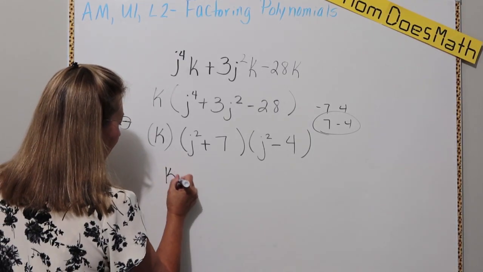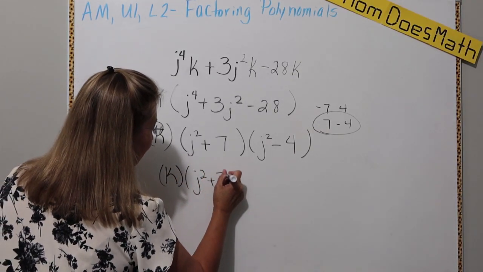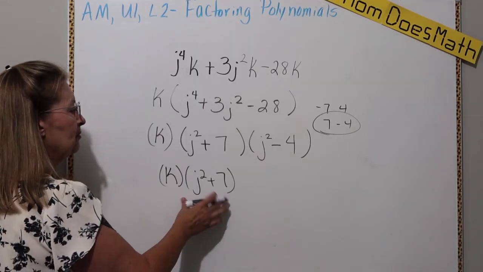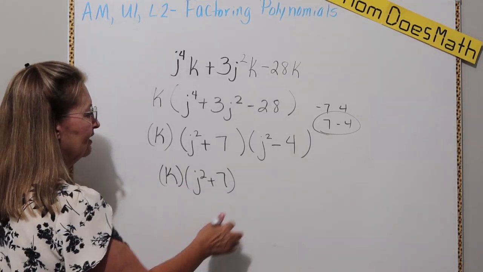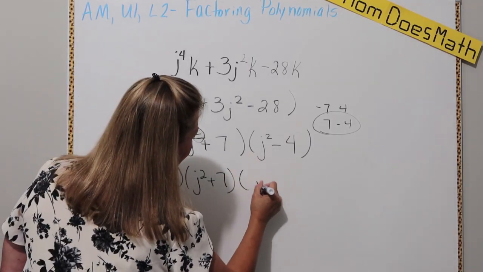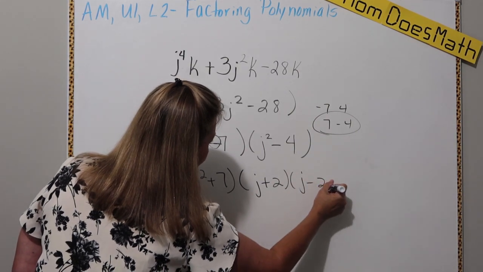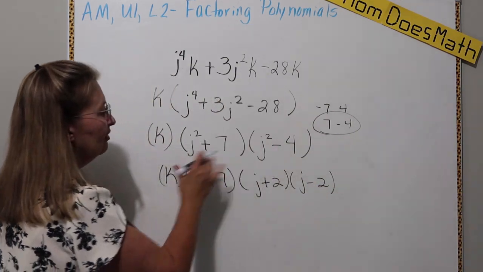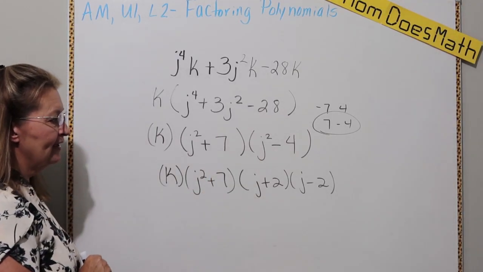Now the k, I don't want to lose it. j squared plus 7 is a sum. It's not perfect squares, it's not cubes, so I can't do anything with that. This I can factor into j plus 2, j minus 2. So don't neglect that. A lot of people get caught because they don't go ahead and factor that last thing.